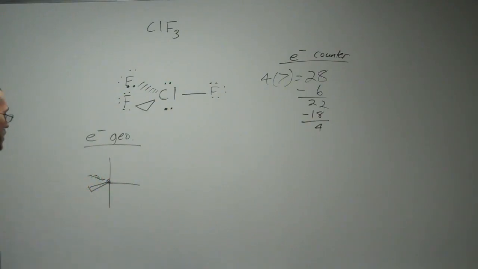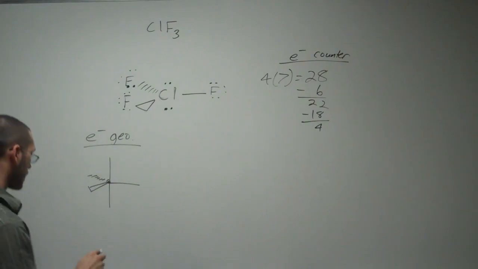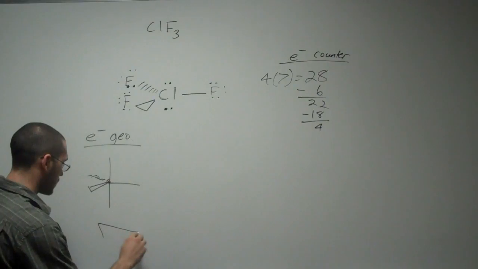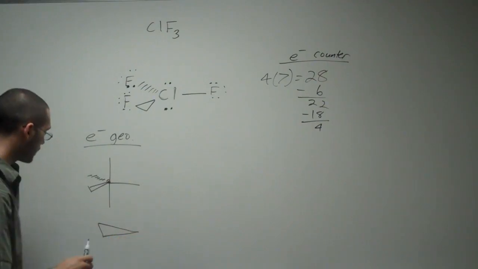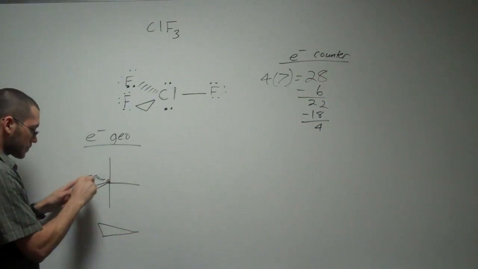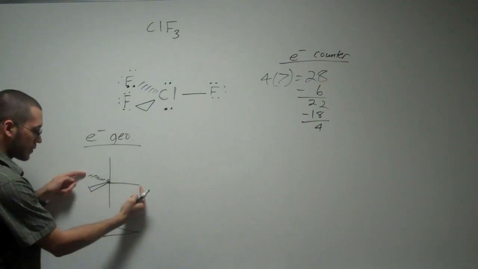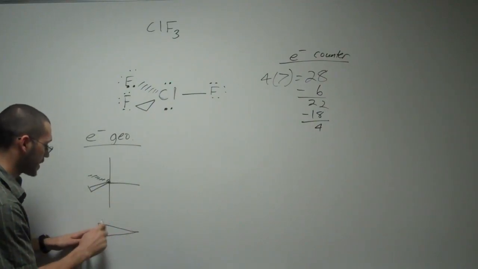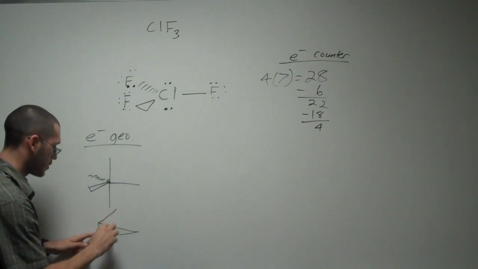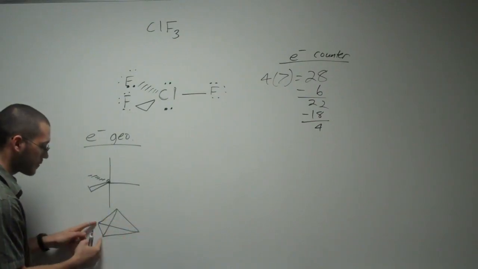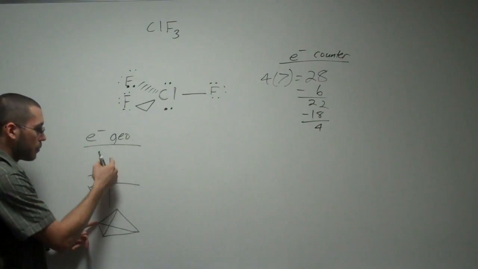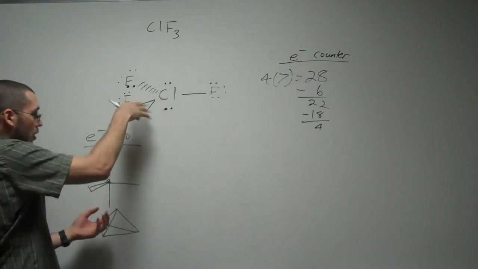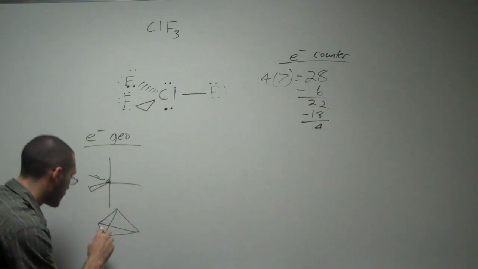So what shape is this? Let's see if I can draw this. What I'm doing is I'm connecting these fluorines to that fluorine, making a triangular base, and then I'm going to connect the fluorines up with the electrons up here. What this is doing is this molecule is creating a certain shape in space.